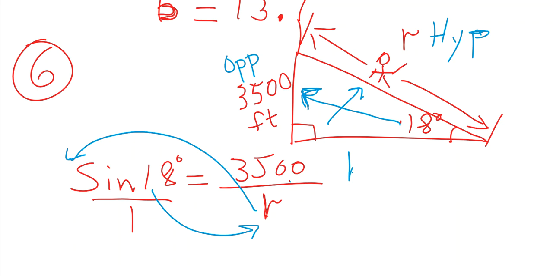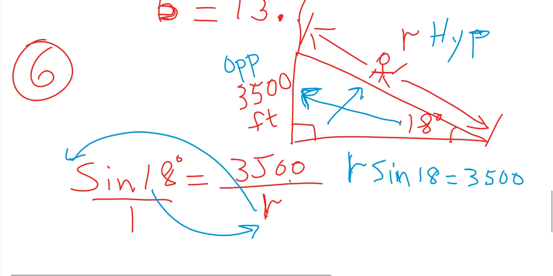R times sine of 18 is equal to 1 times 3,500, which is just 3,500. Now divide both sides by sine of 18. So the next step is divide by sine of 18. We're going to do sine of 18 right here.